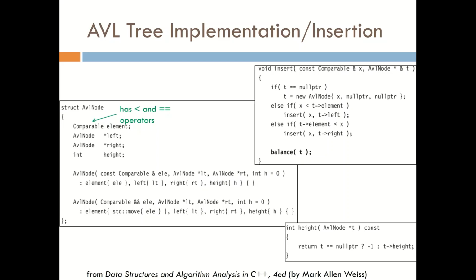Now, this call to the balance function at the bottom, this is what ensures that balancing happens at the lowest level in the tree. So I'll show you an example here with just an abstract tree in a second. But hopefully you can see that at some point when I exit this if statement, then I will actually invoke the balance function. So we'll look at that in a little bit more detail.